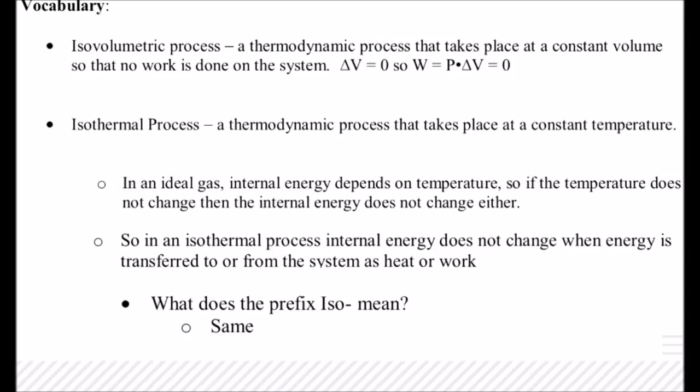So I've got isovolumetric, which means the volume has to stay the same the whole time. And since we looked at our work formula yesterday, it was work equals the pressure times the change in volume. If the volume doesn't change because it stays the same, then what is the change in volume? So what's the work? 0, right? So no work is done on a system that's isovolumetric.